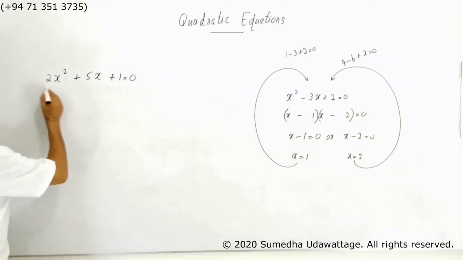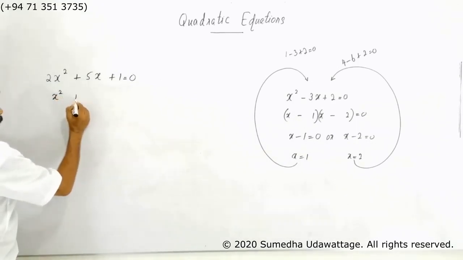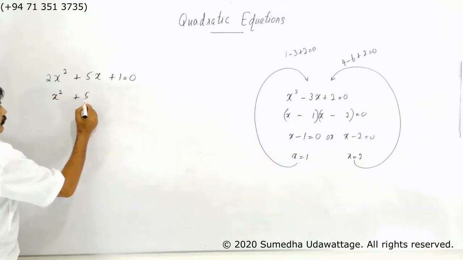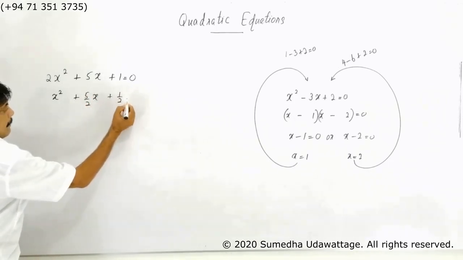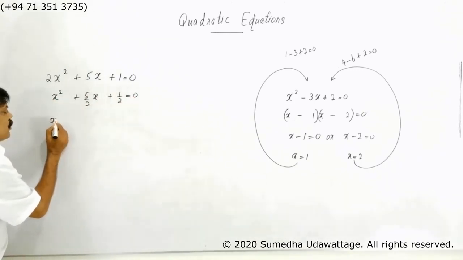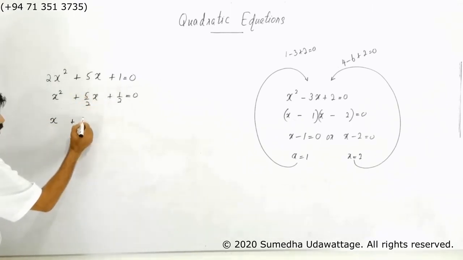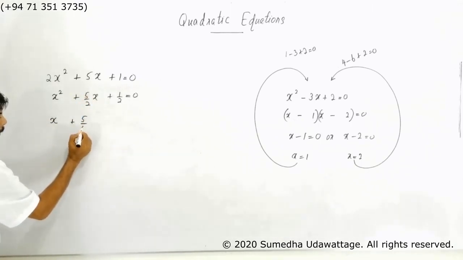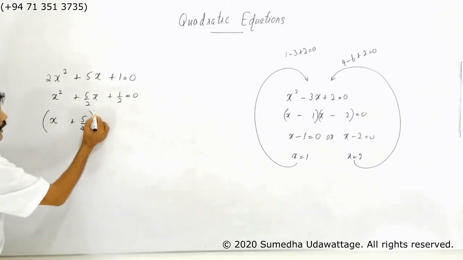Look here. First step is that we divide the complete expression by 2. Then, when you get x², you take the root of it. You get this coefficient, you take half of it, and then you put it to a complete square.